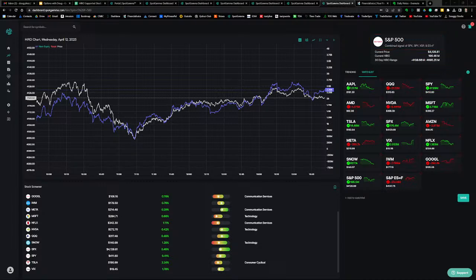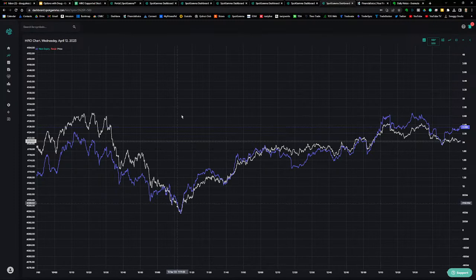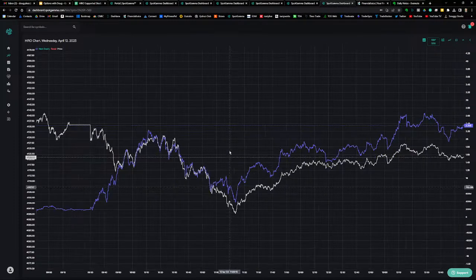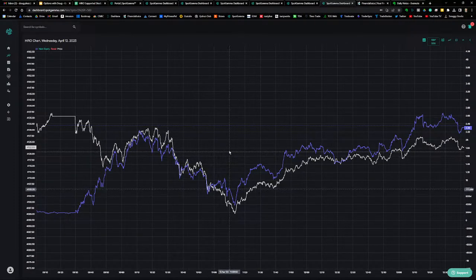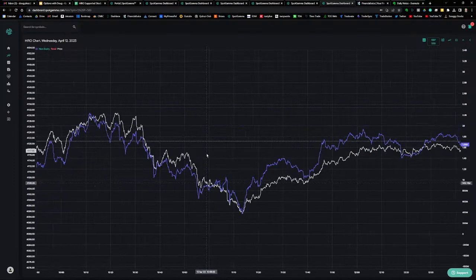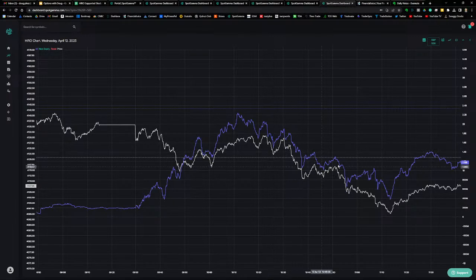And if you trade any form of the S&P 500, SPY shares or options, SPX options, or ES futures, this is generally the signal that you want to look at. All right, so let's take a look at a couple of setups here. I'm going to zoom in, first of all, on the morning session.